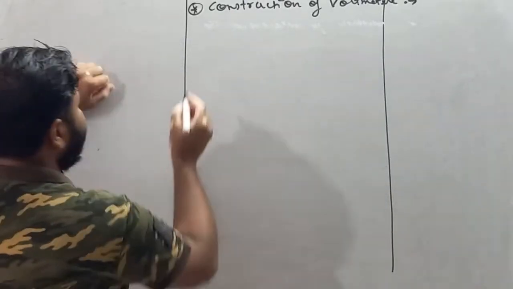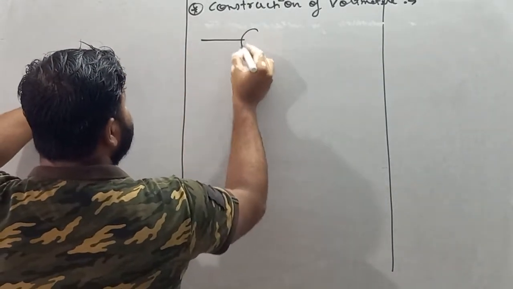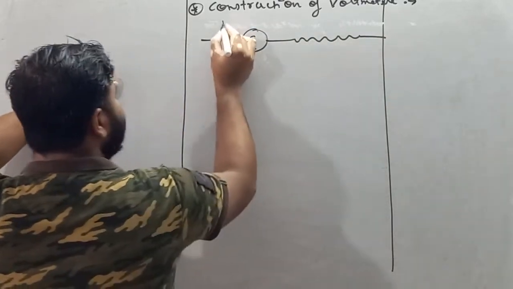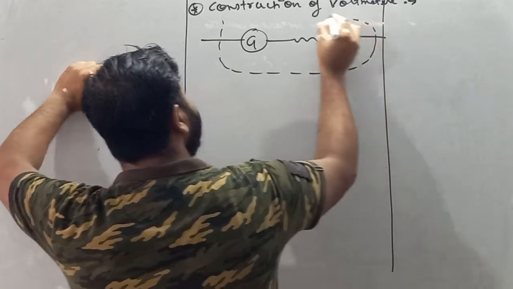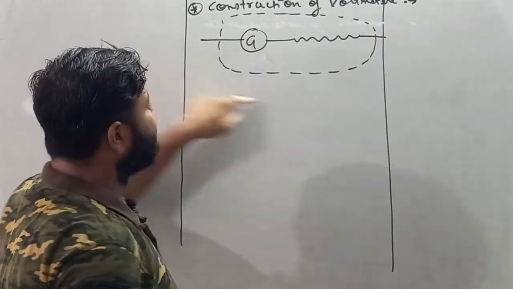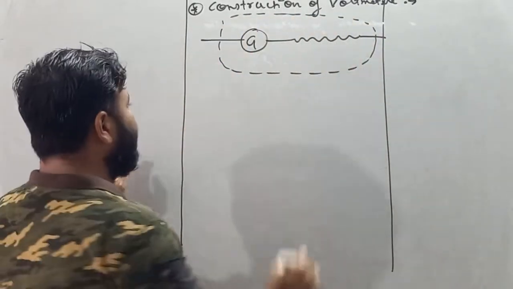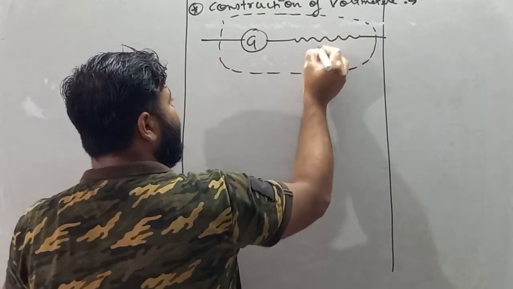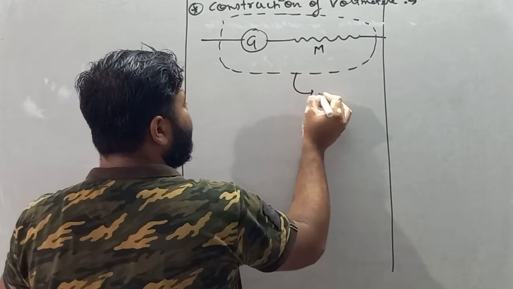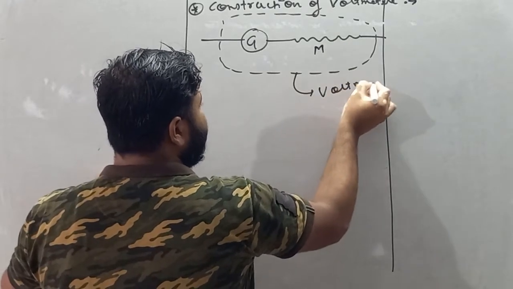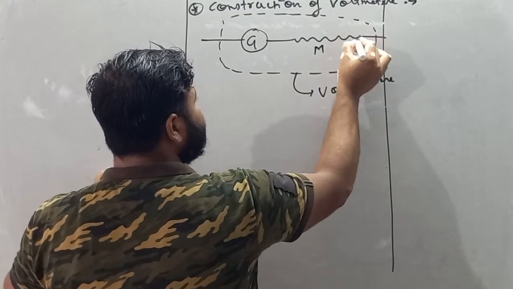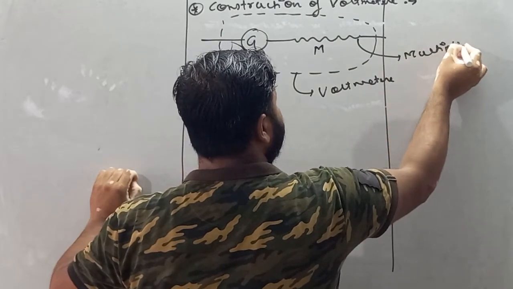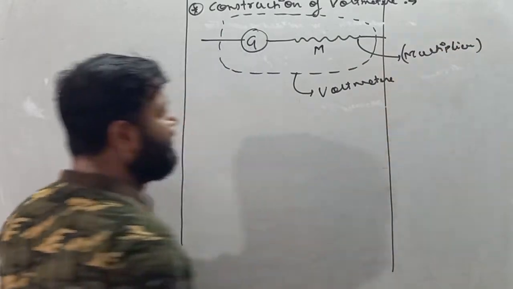So what I am doing here, I am connecting a high value resistor in series with galvanometer so that net resistance increases, my dear student, and this combined device, that is galvanometer and a high value resistor in series, forms voltmeter. And this high value resistor is called multiplier.